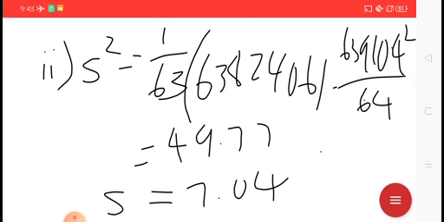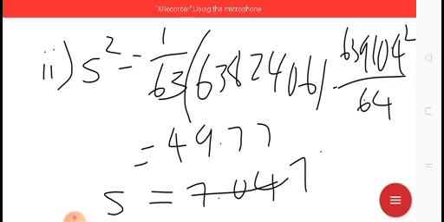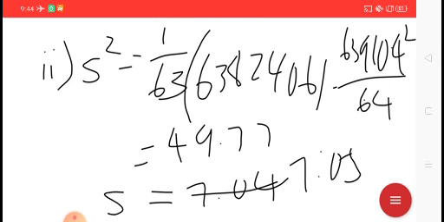You can simplify your answer to 7.05. So this is your answer.